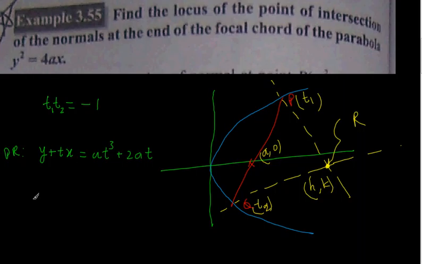Okay, now the equation of QR should be y plus T2x is equal to AT2 cube plus 2AT2.